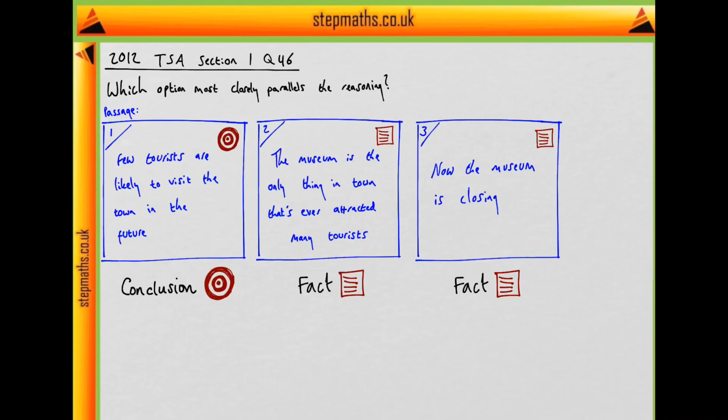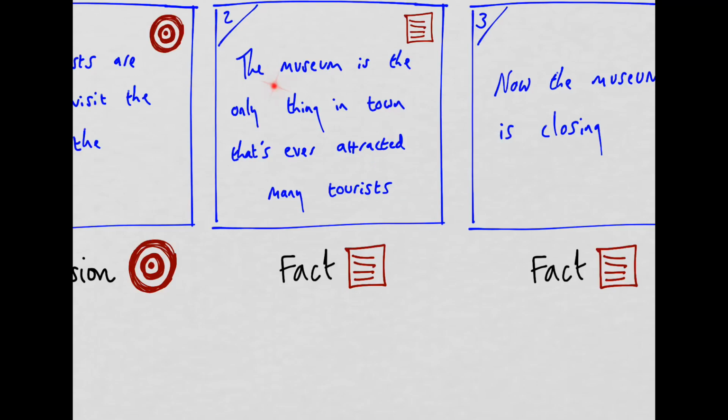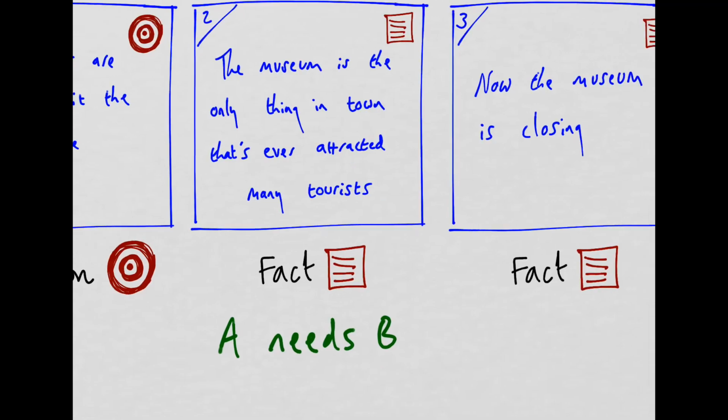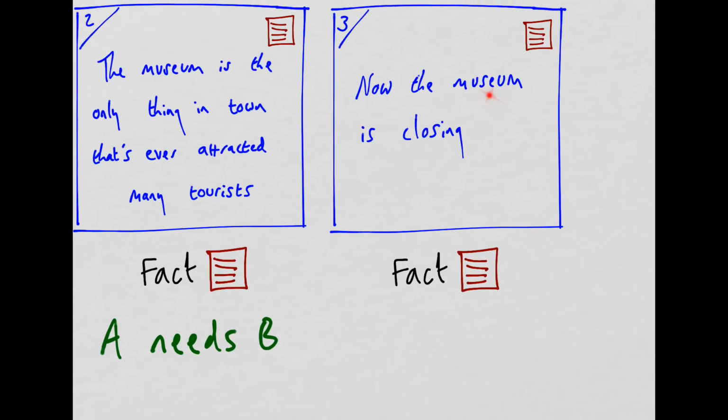So let's start off by trying to work out the logical form of the facts. 2 says the museum is the only thing in town that's ever attracted many tourists. So the logical form of this is going to be something like A needs B. Many tourists need the museum. 3 says now the museum is closing, so the logical form of this is going to be not B, not the museum.